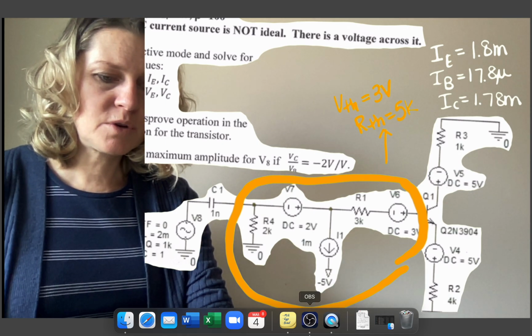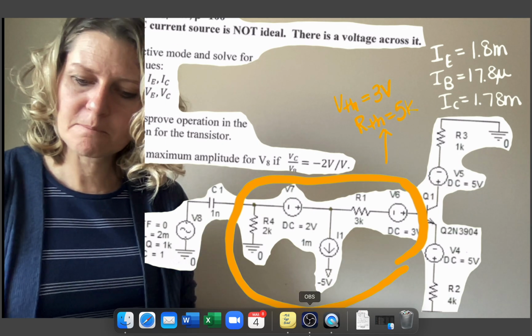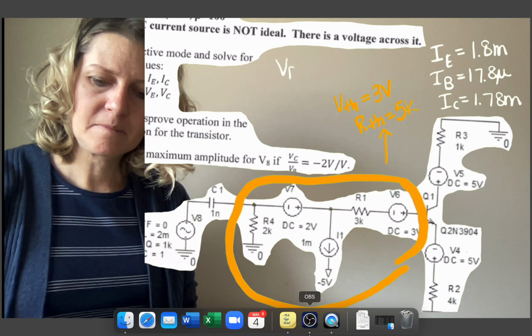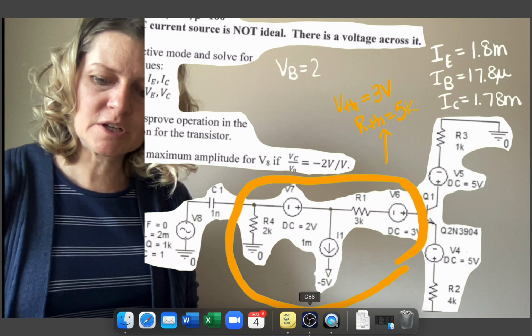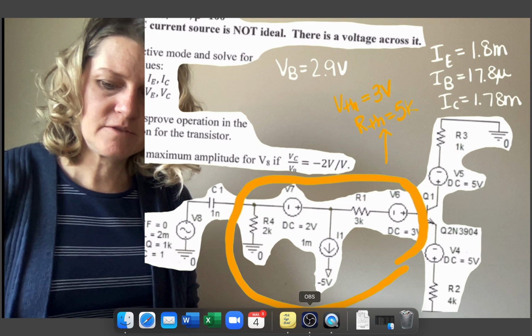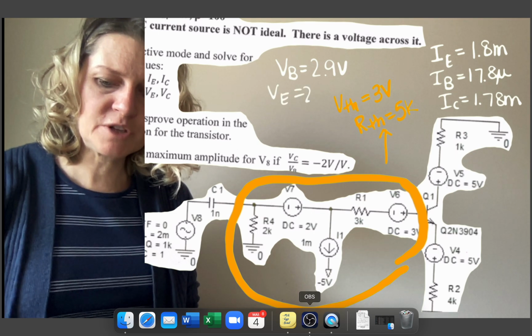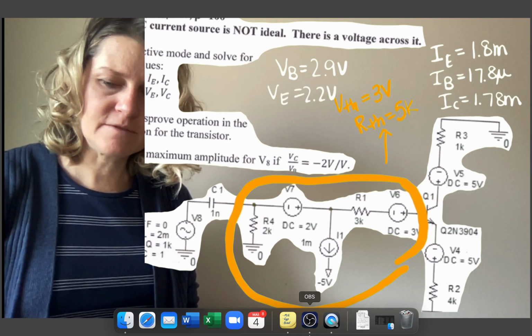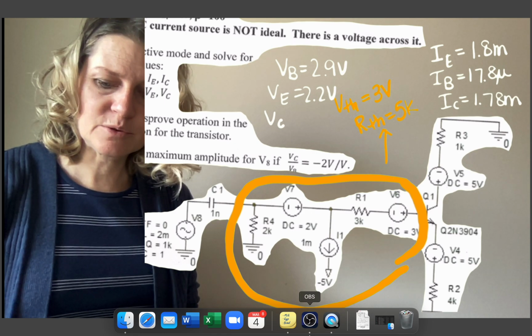And then you will also find that VB is 2.9 volts, VE is 2.2 volts, and VC is 3.2 volts.